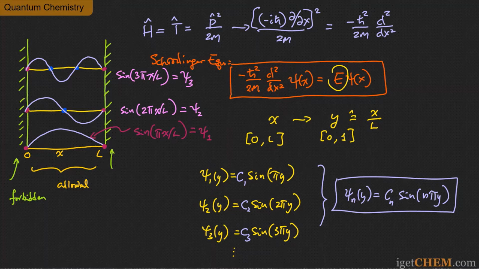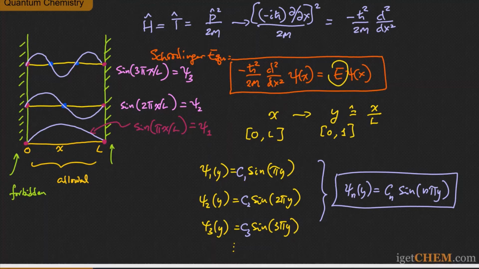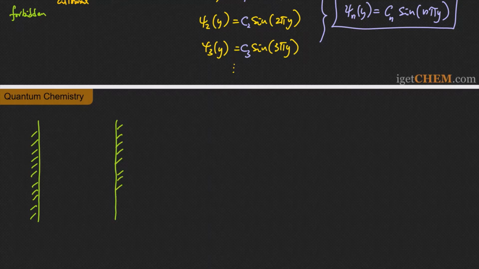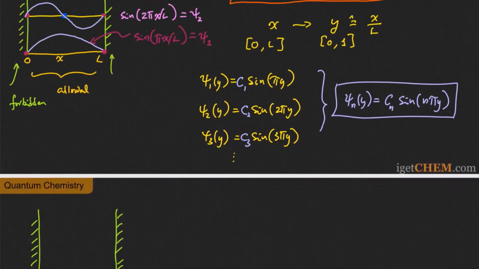So before I do that, maybe let me just draw what the square of psi would look like before I actually do the integrals. So again, I'm going to draw the walls. And now in this dimension, instead of having x, I have y, and now y is between 0 and 1.